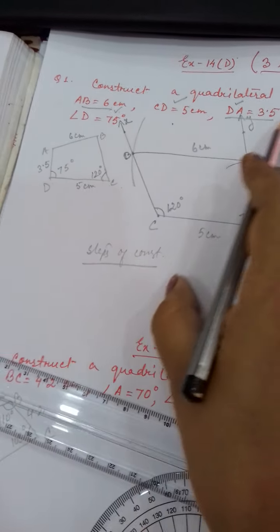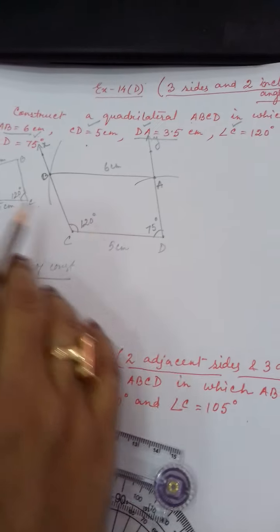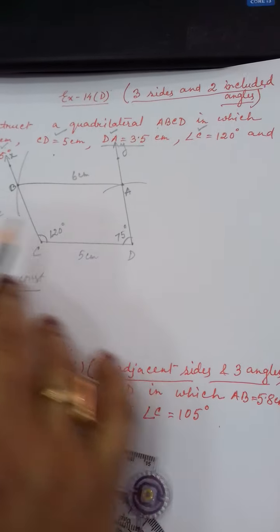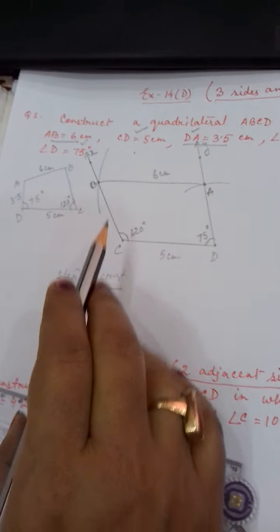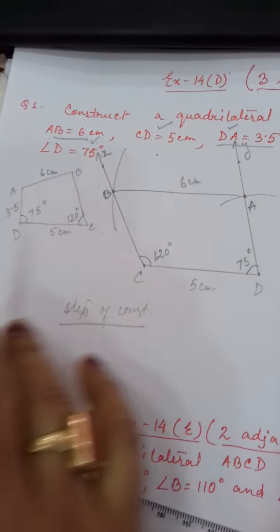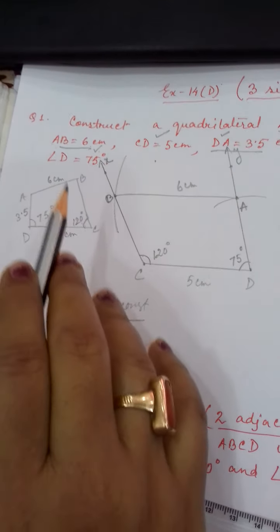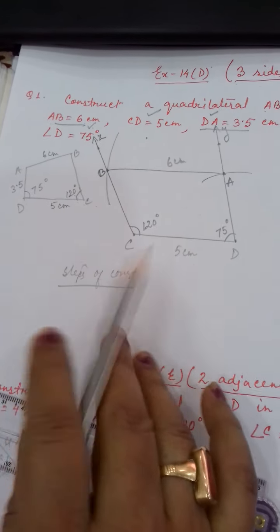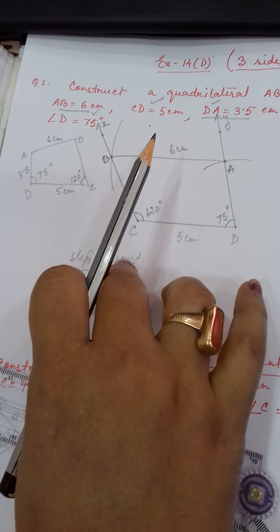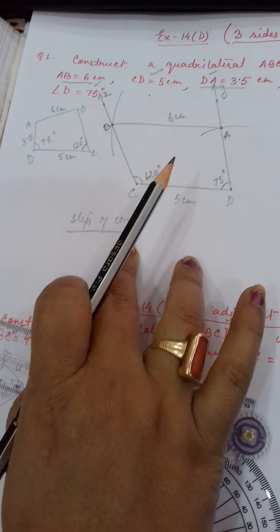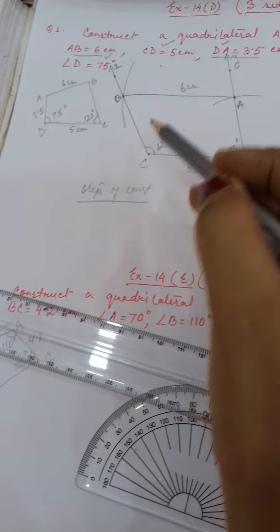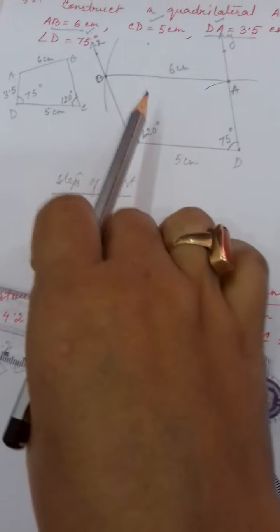So with three sides and two included angles, how will you construct the quadrilateral? Have you understood, students? Two more are there in your exercise, number 2 and number 3. Those you will construct according to this way. Clear or not? And you will write the steps of construction stepwise in the way you have drawn.